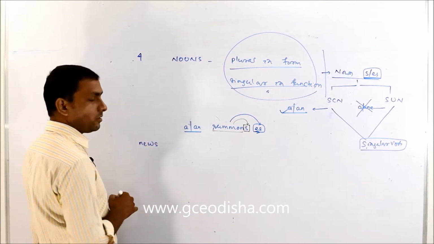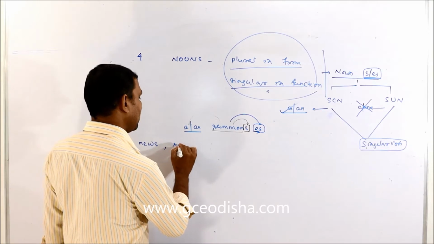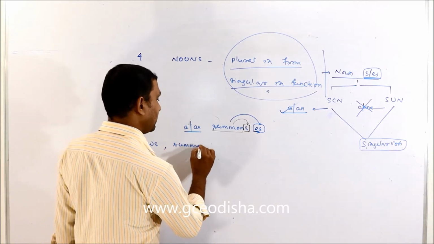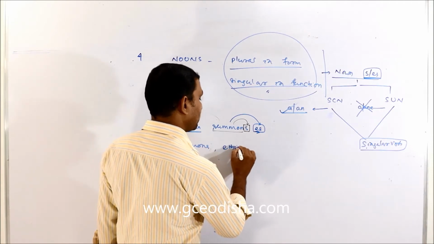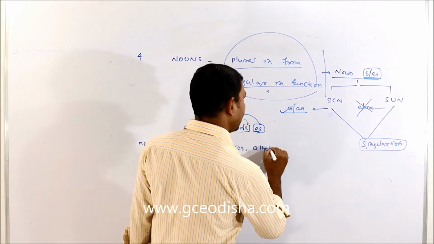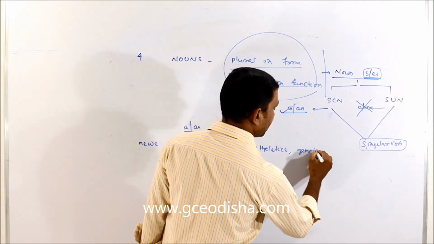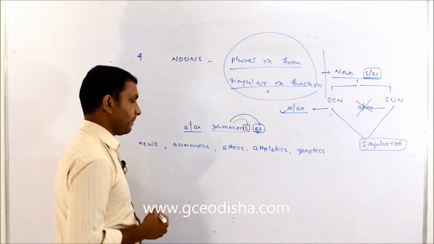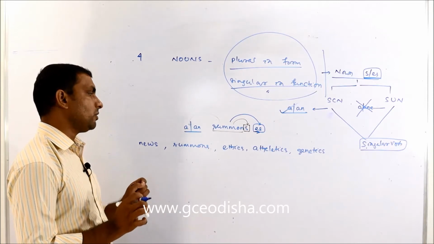Like summons, there are some other words. We can say news, where s is added. Then, again writing here summons, the next words are ethics, athletics, genetics. News is a singular uncountable noun.